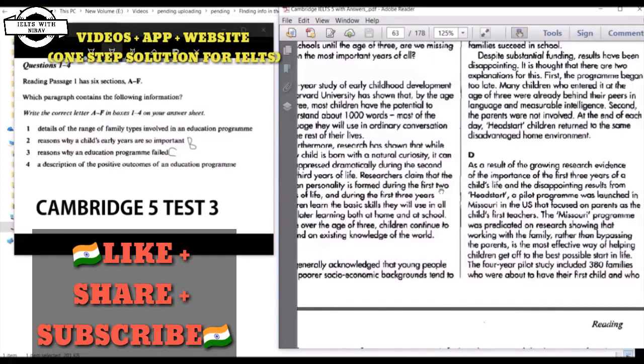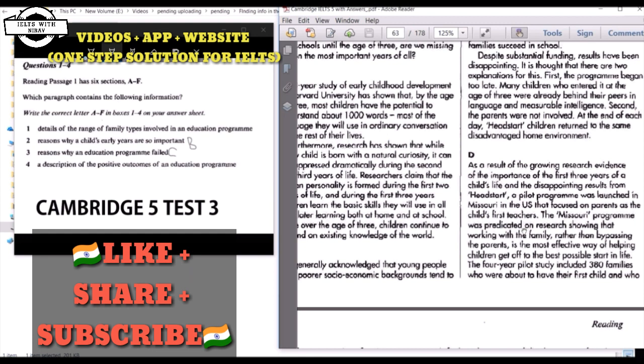Paragraph D. As a result of growing research evidence of the importance of the first 3 years of a child's life and the disappointing result from Head Start, a pilot program was launched in Missouri. So again, one program. In the United States, that focused on parents as the child's first teacher.